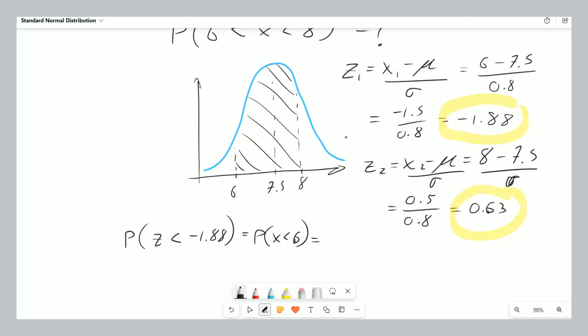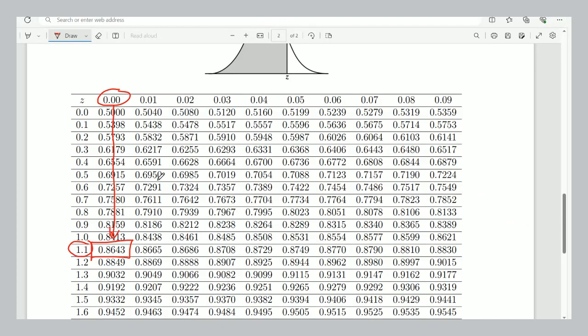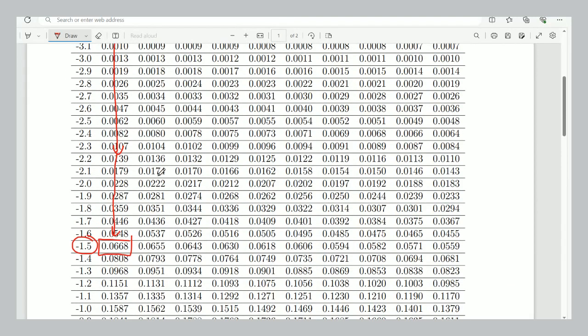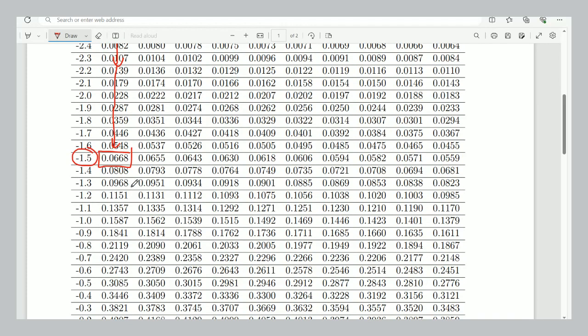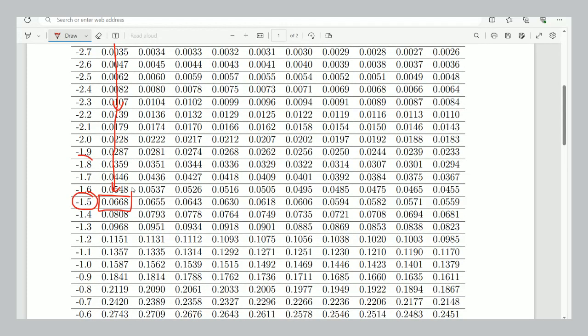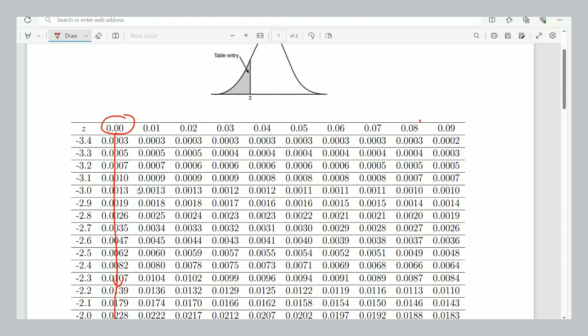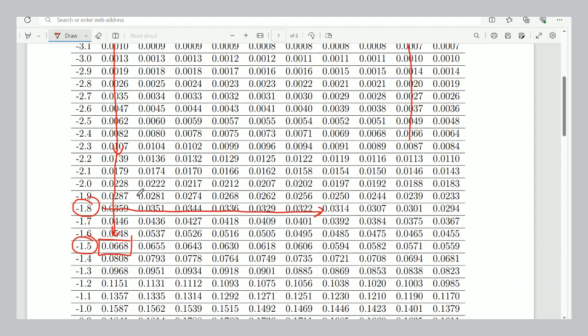And the value that we get, if we look up negative 1.88, so we go to our Z table, there's negative 1.8, then we find our second decimal place here in that top row, 0.08, and we match those up, and we have 0.0301.